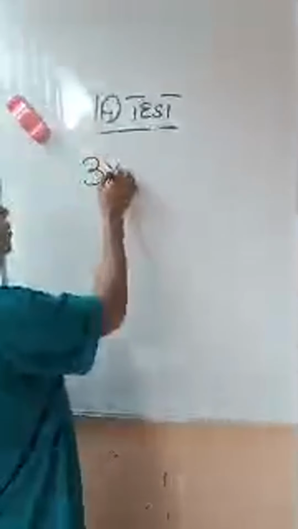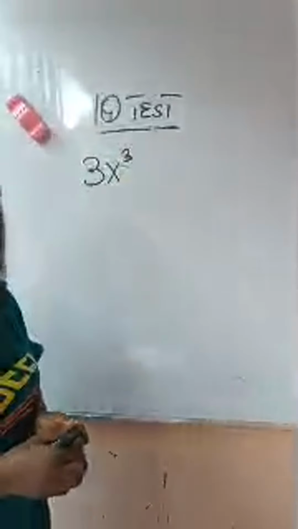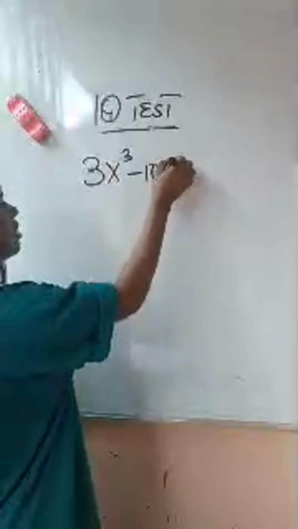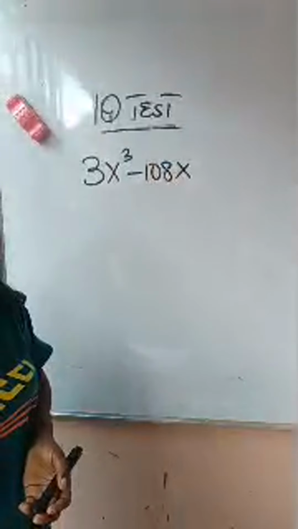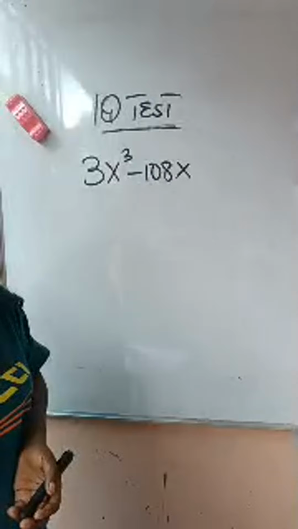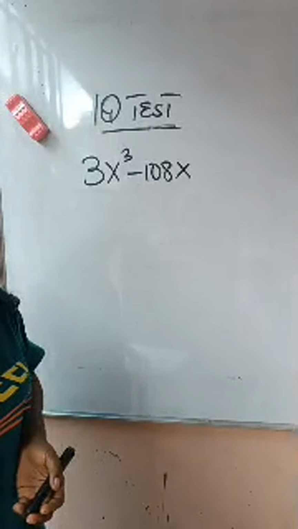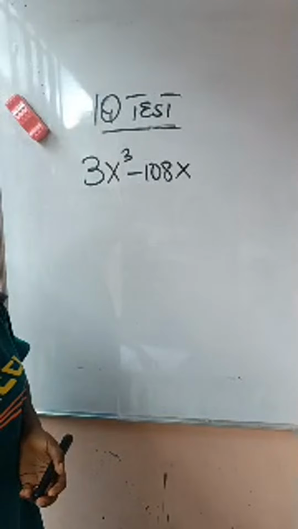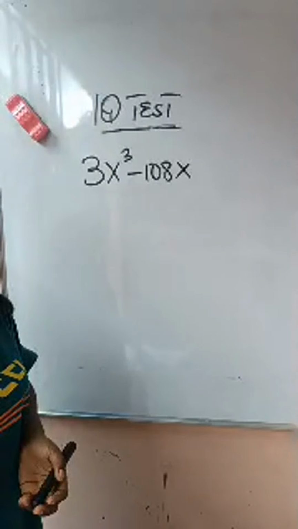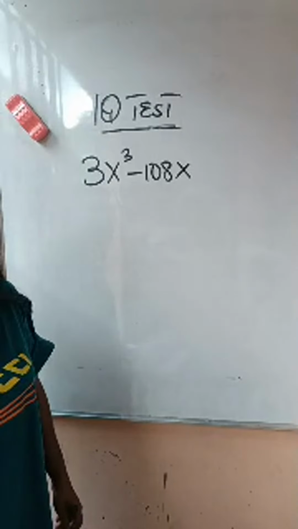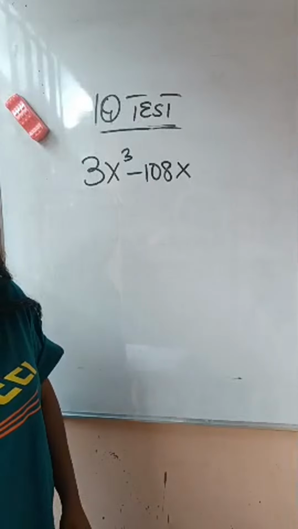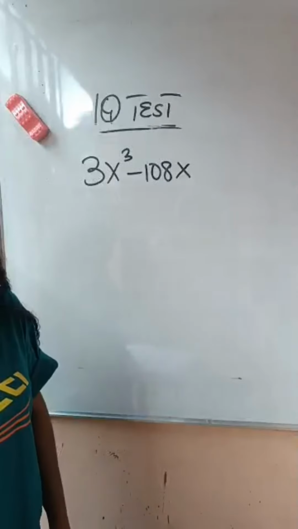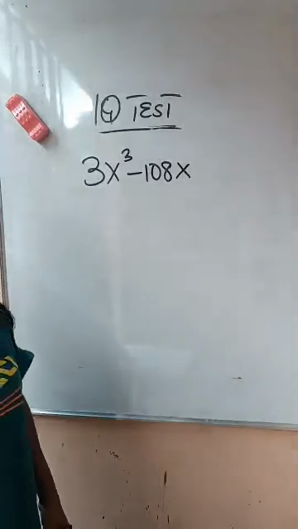You are asked to factorize 3x to the power of 3 minus 108x. What is the answer?